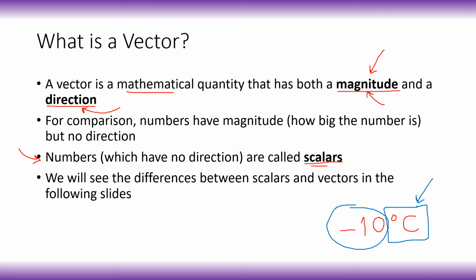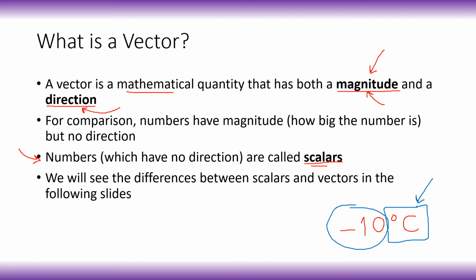Now, this unit doesn't have a direction attached to it, right? Degrees Celsius isn't pointing in some direction. I can't say that it's minus 10 degrees Celsius north. That doesn't make any sense. I mean, sure, the farther north you go, the colder it gets. But if I'm just talking about the temperature, it doesn't change. The temperature where I'm standing doesn't change if I turn around, right?